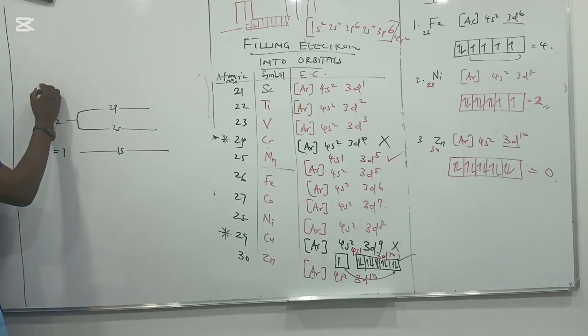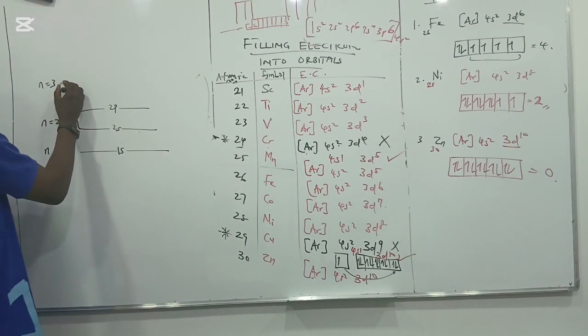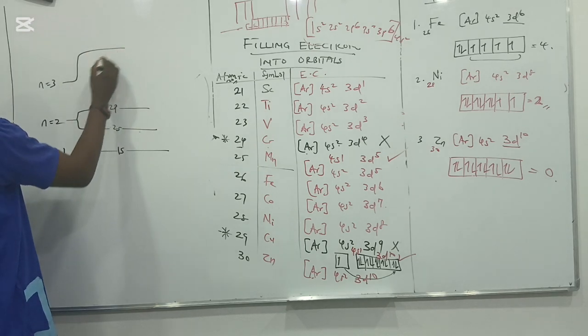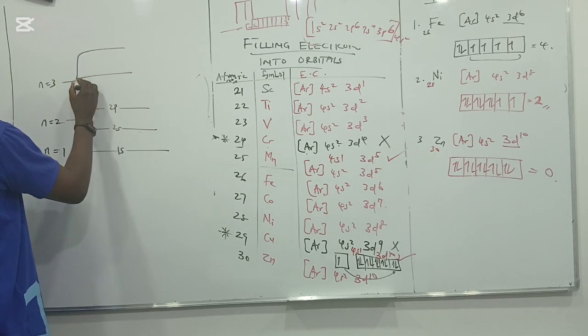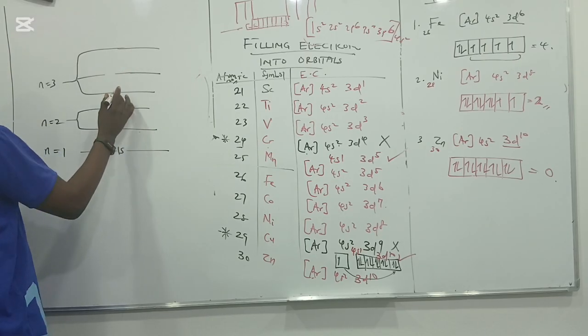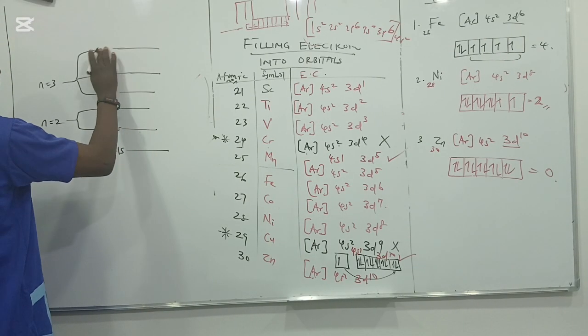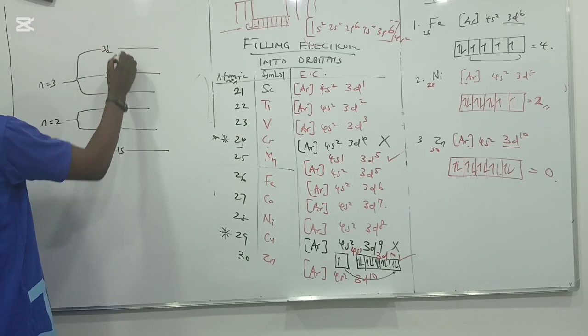What about when n equals 3? Remember, we have 3s, 3p, and 3d.